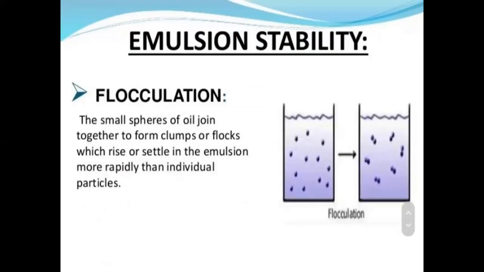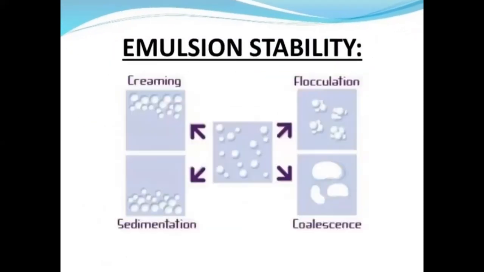So first one is flocculation. So these are the emulsion stability changes. The following three changes usually occur during the storage of emulsion, and the emulsion becomes unstable.